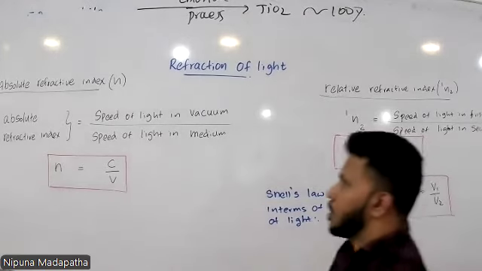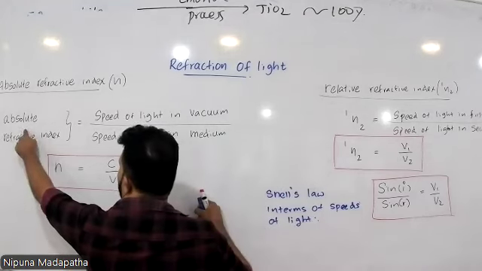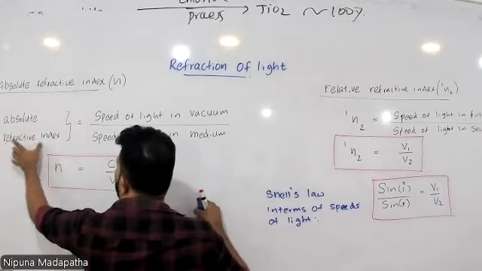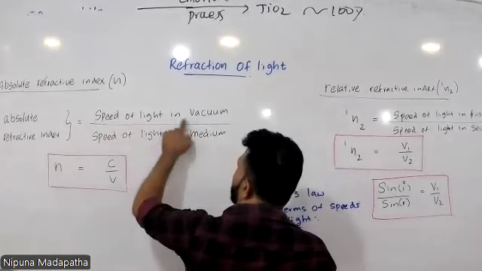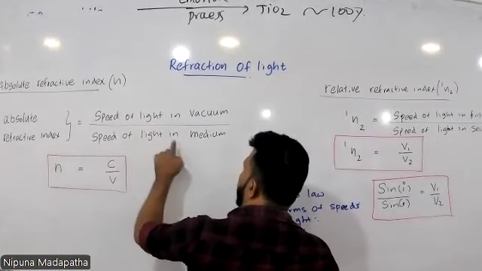So by definition, absolute refractive index equals the speed of light in vacuum divided by the speed of light in the medium.